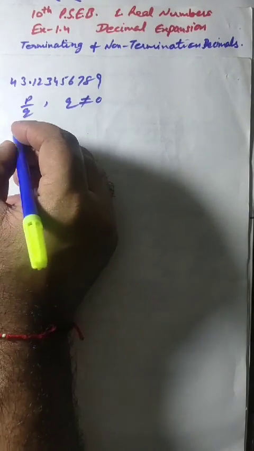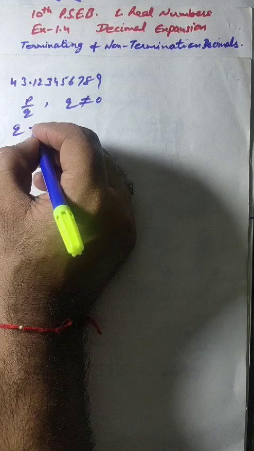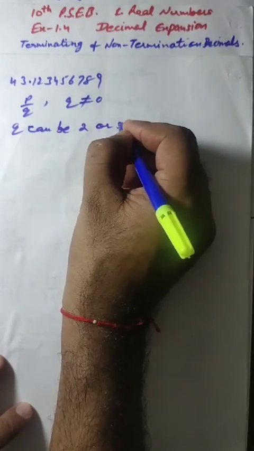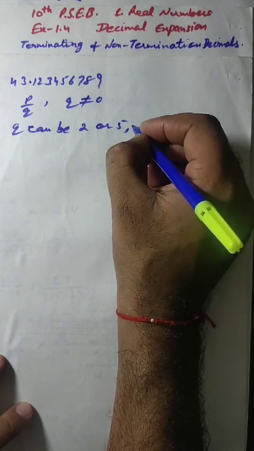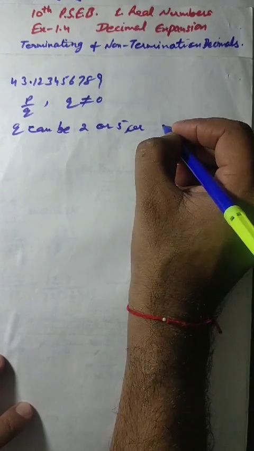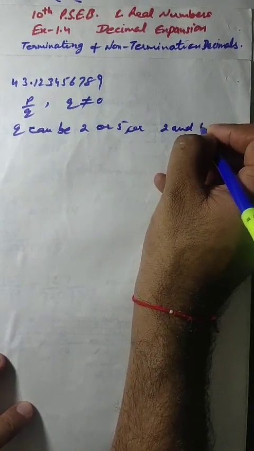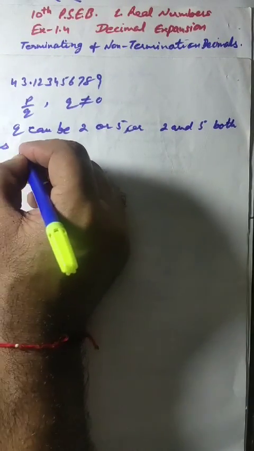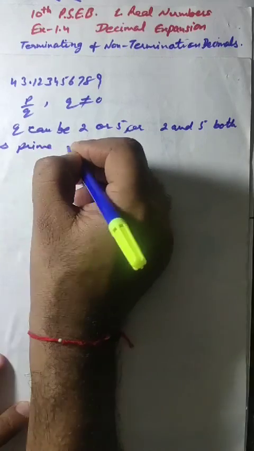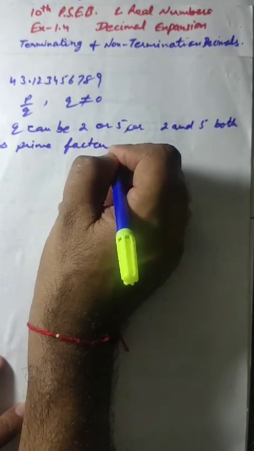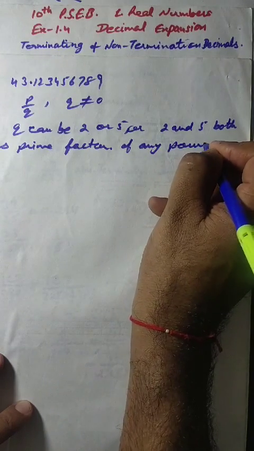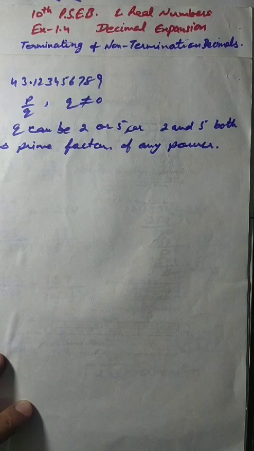We can write it as q can be 2 or 5 or 2 and 5 both as prime factors of any power. So we can write this number in the form of p by q.